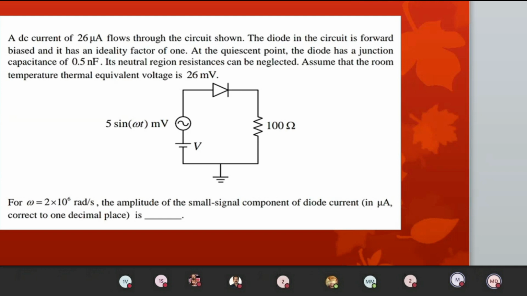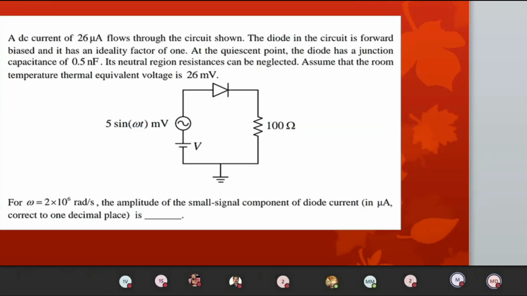Assume that the room temperature thermal equivalent voltage is 26 millivolts. For omega equal to 2 into 10 power 6 radian per second, the amplitude of the small signal component of diode current in microamps is what? So see, a DC current flows, but the input voltage is AC. Omega is 2 into 10 power 6, right?